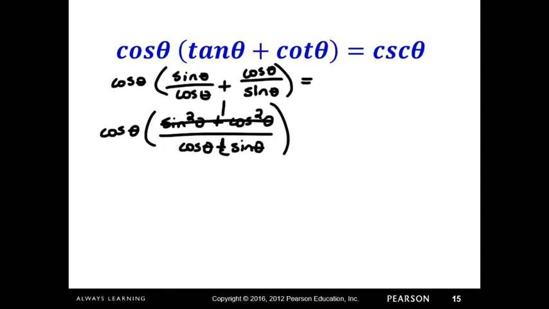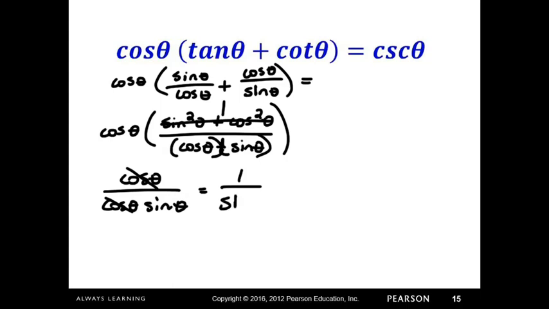Oh, excuse me, that's times, not plus. So now I'm going to have cosine theta over cosine theta sine theta, cosines cancel, and that's 1 over sine theta, which is the same as cosecant theta. Okay.